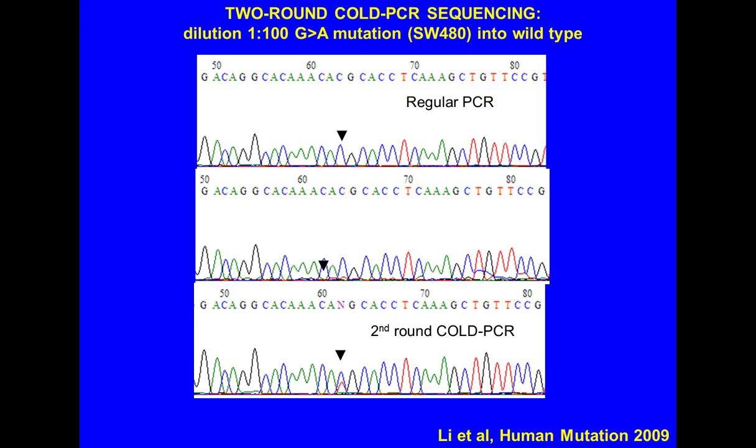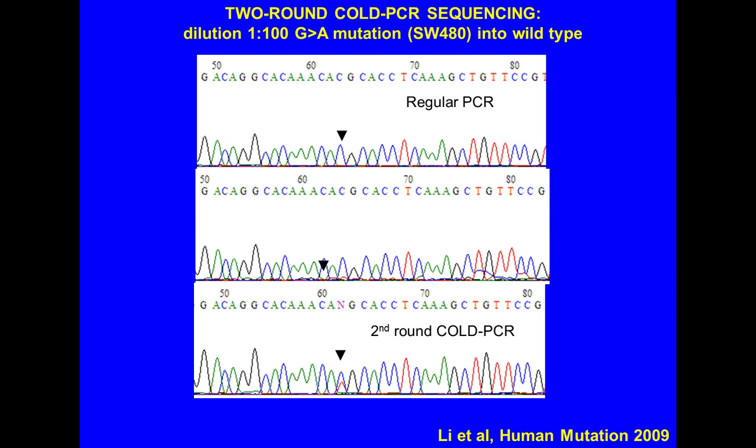Now, you may ask the obvious thing, what if you do one round of COLD-PCR and then you do a second round of COLD-PCR, a nested step for COLD-PCR? Will the enrichment increase even more? And the answer is yes, as you see from that paper in Human Mutation back in 2009.